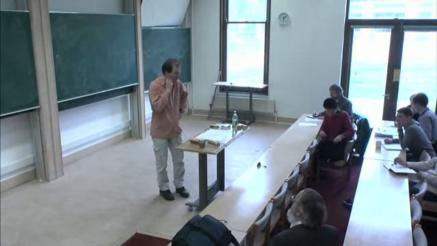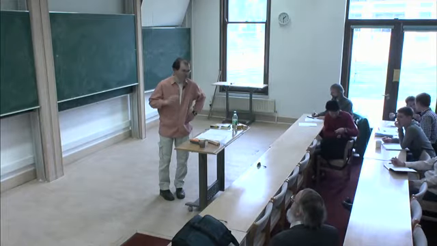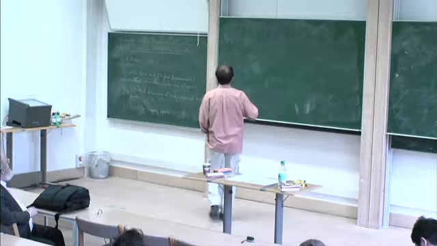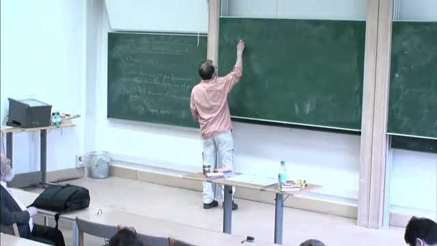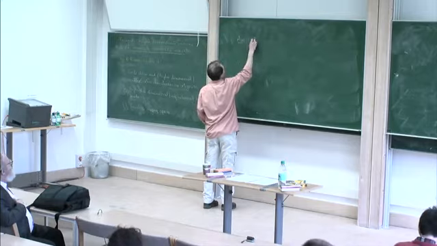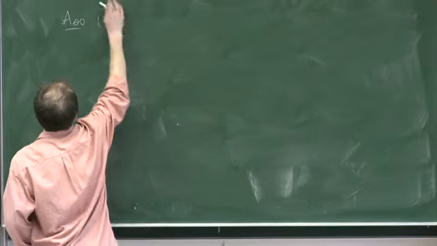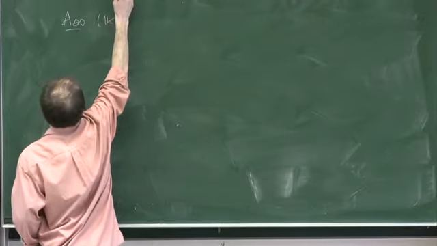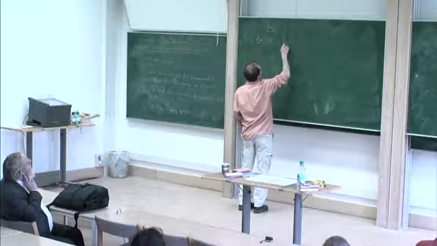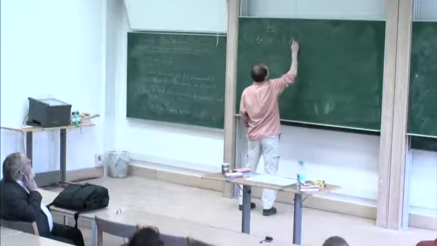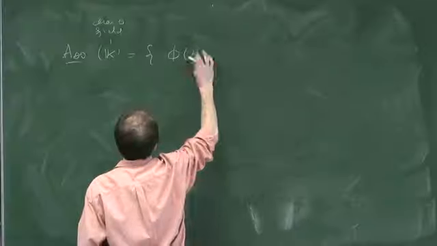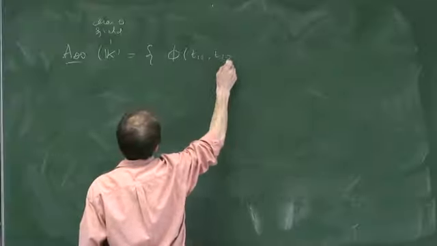I would like to start this talk with very short recollections about the definition of Drinfeld associators. Very basically, this set, which I will denote by S of K, where K is any field of characteristic zero, can be defined as a set of power series in two variables, T1,2 and T2,3.